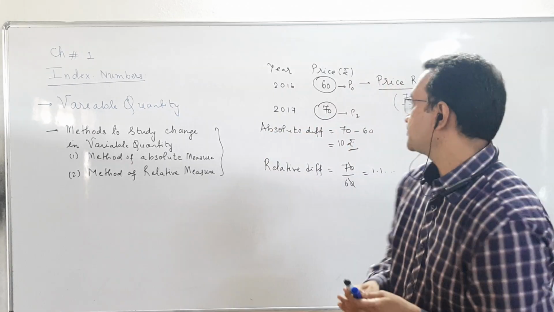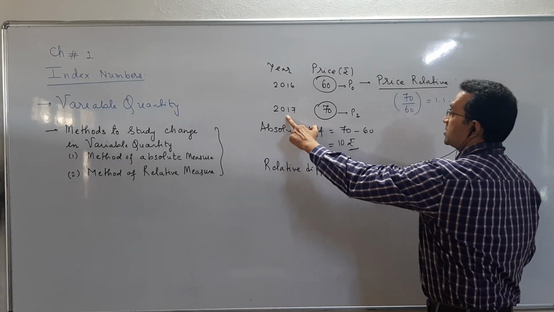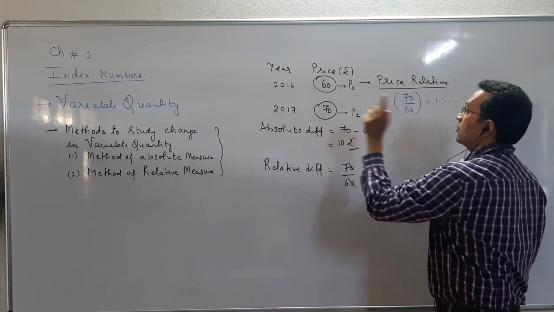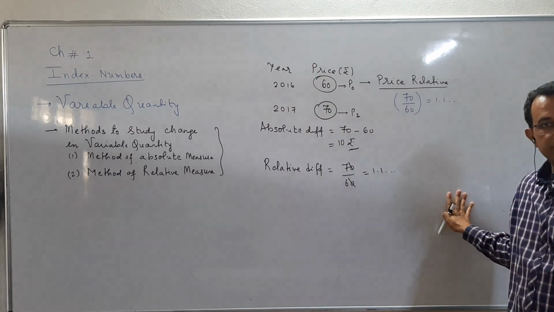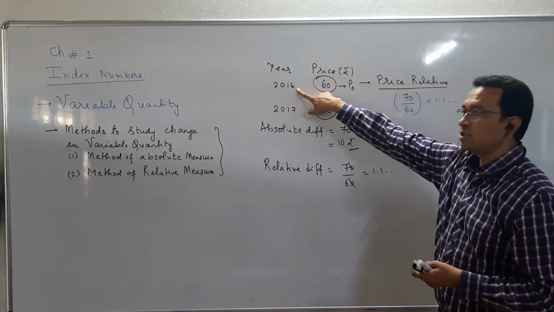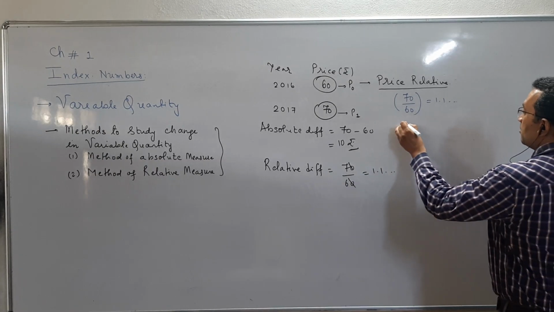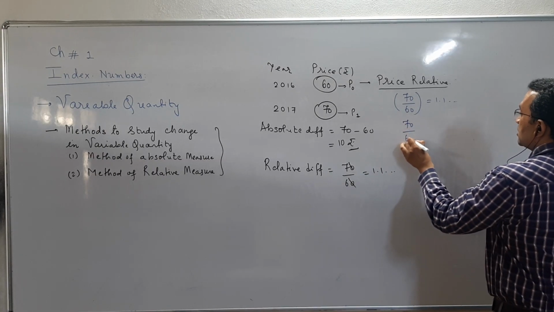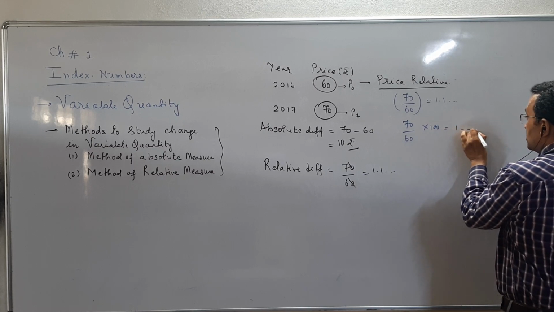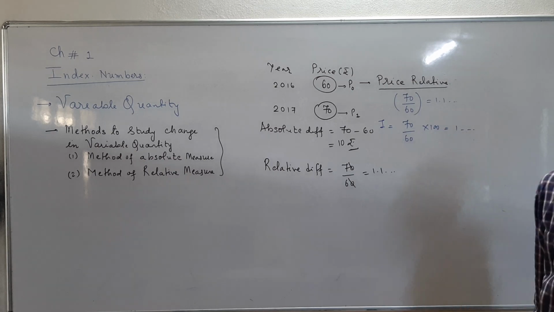Now pay attention. My current year's period is 2017, and in 2017 the price of 1 liter of petrol was 70 rupees. I am comparing it with the fixed period, which is 2016. So 70 by 60 into 100, whatever the answer is, students, that is called index number.